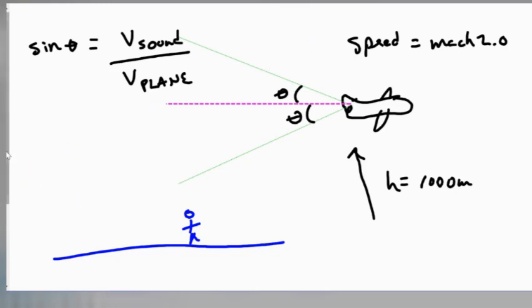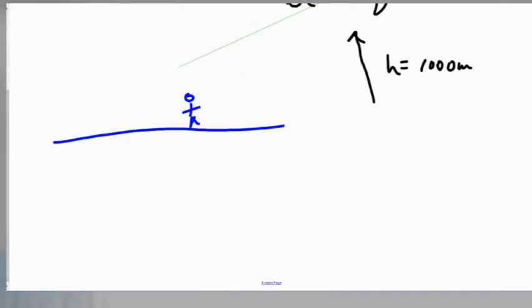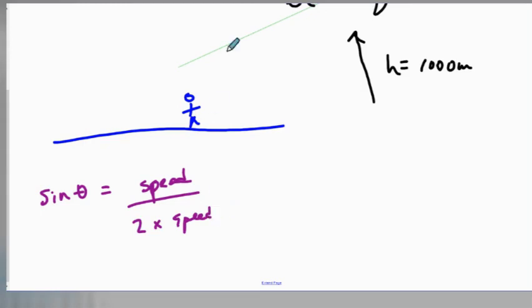Okay, so I've got Mach 2 going on. So let's see if we can figure this one out. We're going to say that sine theta is equal to the speed of sound. And I don't know what the speed of sound is. It depends upon the temperature. But I'll just call it the speed of sound. If you knew the actual values, you could put them in. But Mach 2 is 2 times the speed of sound.